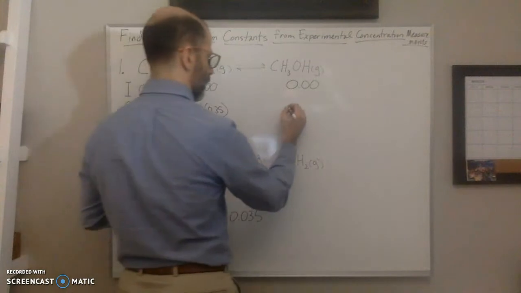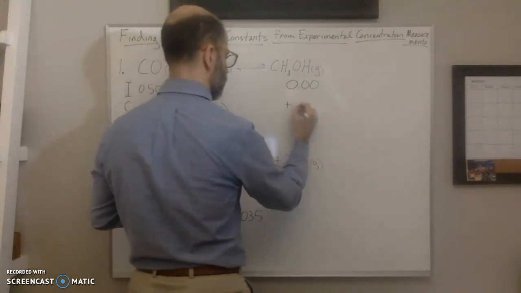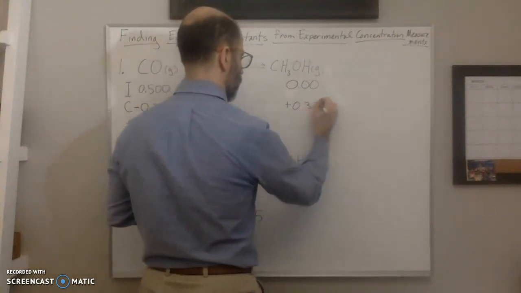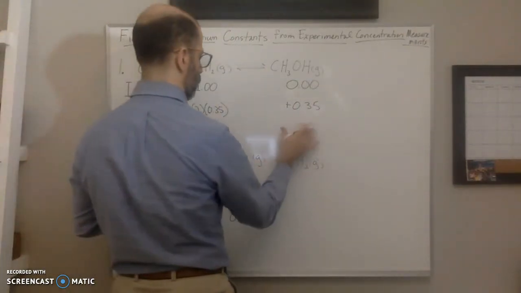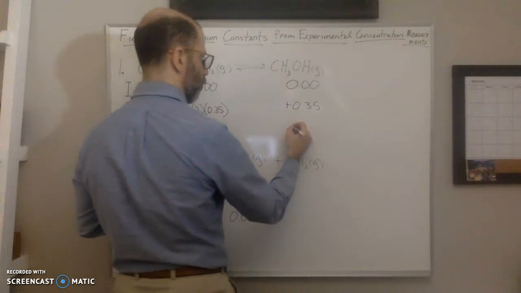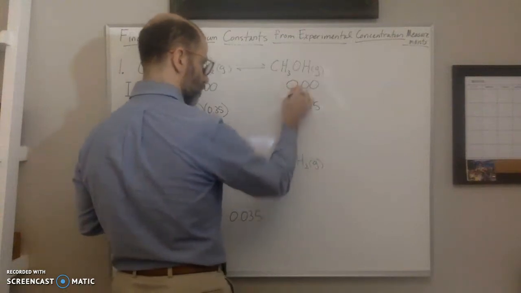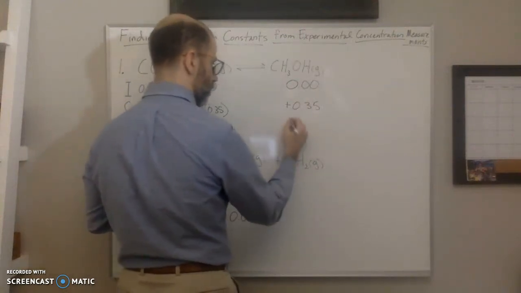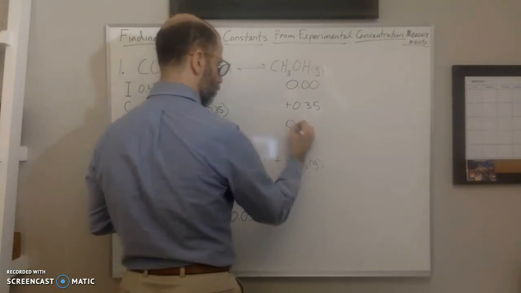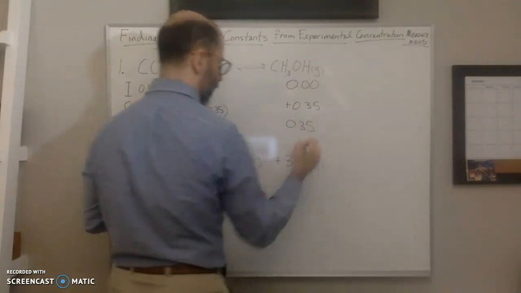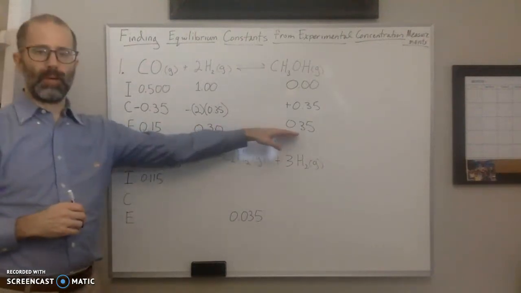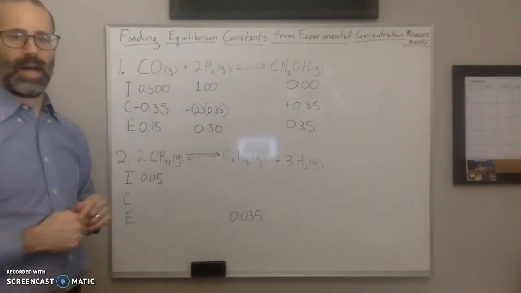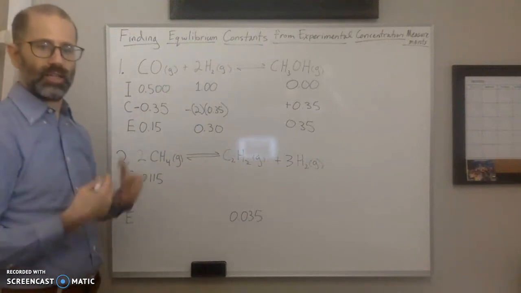So I'm going to add plus 0.35, which means that the equilibrium amount for this is going to be 0 plus 0.35, which is 0.35. So now I have the equilibrium amounts that I need.